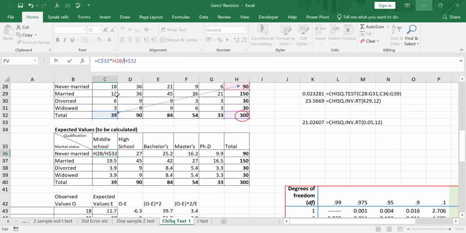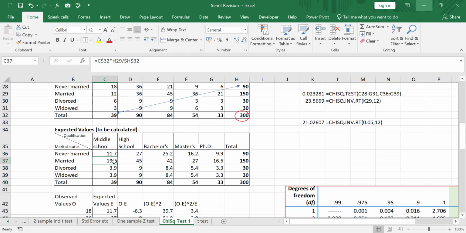Now I'm dragging from here. Let us see what is in this one. This is again $32 because this remains constant, and H has to change to the corresponding 150.